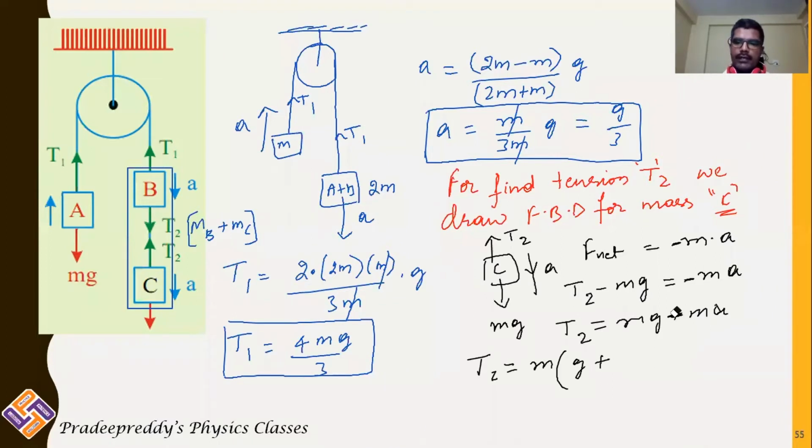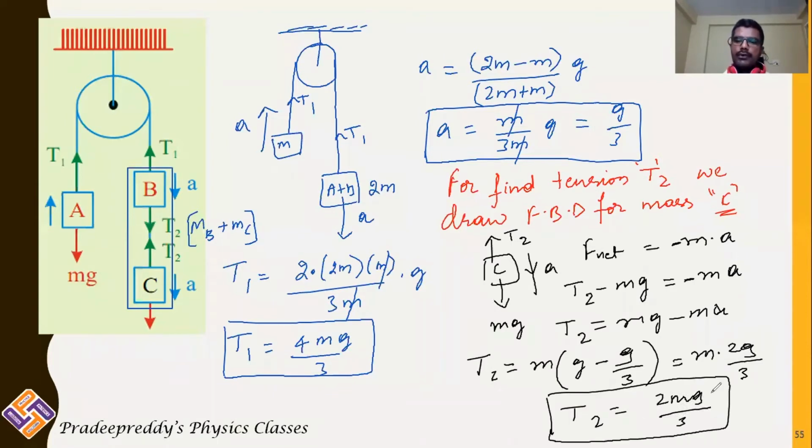Upward you are considering as positive, downward as negative. Therefore, for C the acceleration is in downward direction, so you need to take minus here: g minus a. A already we have calculated, it is g by 3. This is m into 3g minus g, that is 2g divided by 3. Therefore, tension T2 will be equal to 2mg divided by 3.